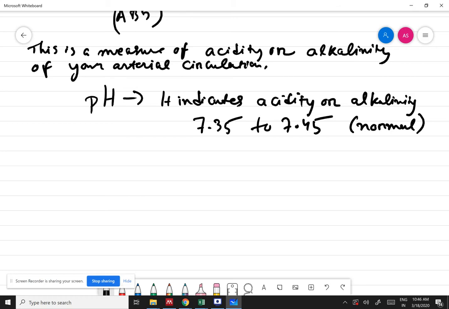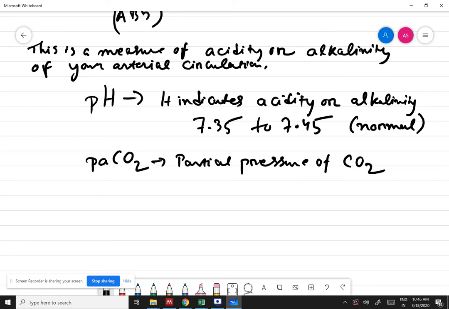Okay. Then the second important parameter is the partial pressure of carbon dioxide, PaCO2. Its normal value is between 35 to 45 mmHg.